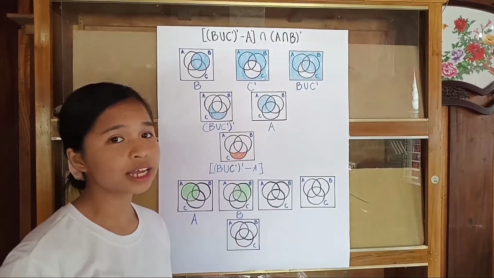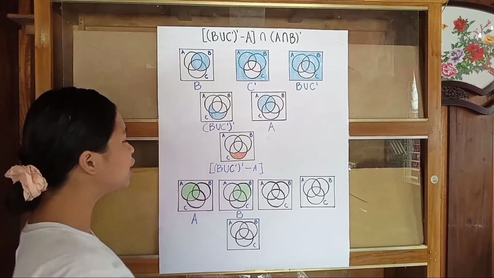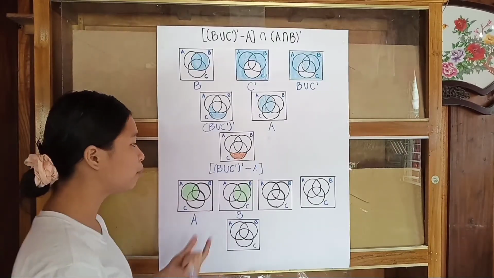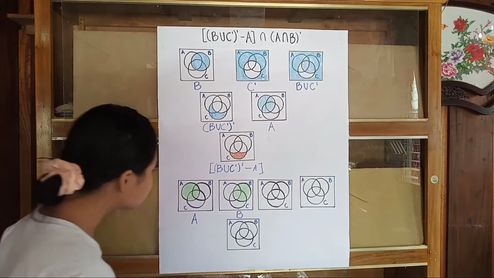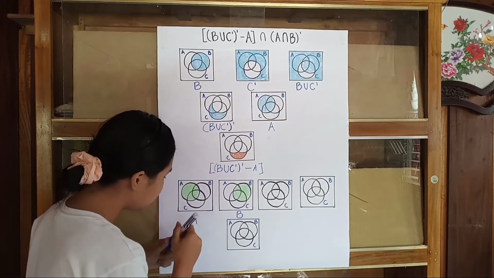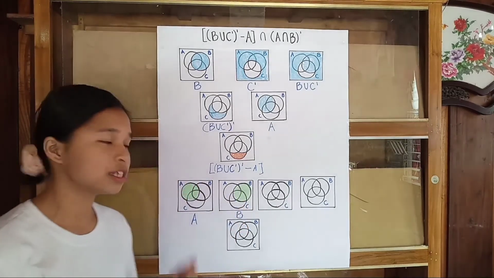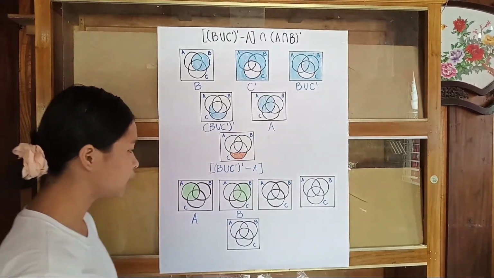So when we say intersection, we need to carefully look on their similarities. Shaded parts that are both similar. So as what we can see, this part here and this part here both are similar. So this is our intersection.